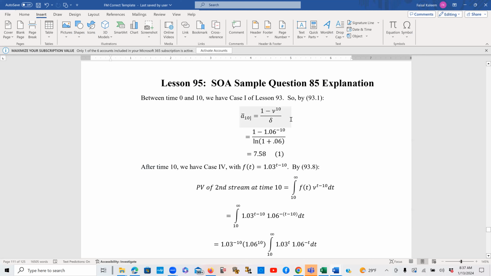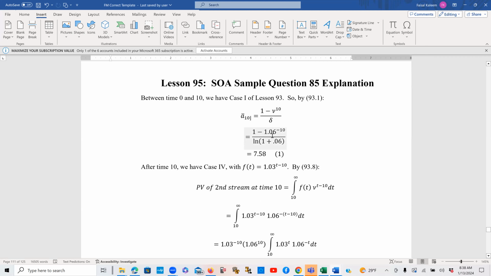And therefore, by equation 93.1, A of 10 will be (1 minus nu^10) over delta. And remember, when the payment per period is 1, then the present value is denoted by a angle n with a bar on it.